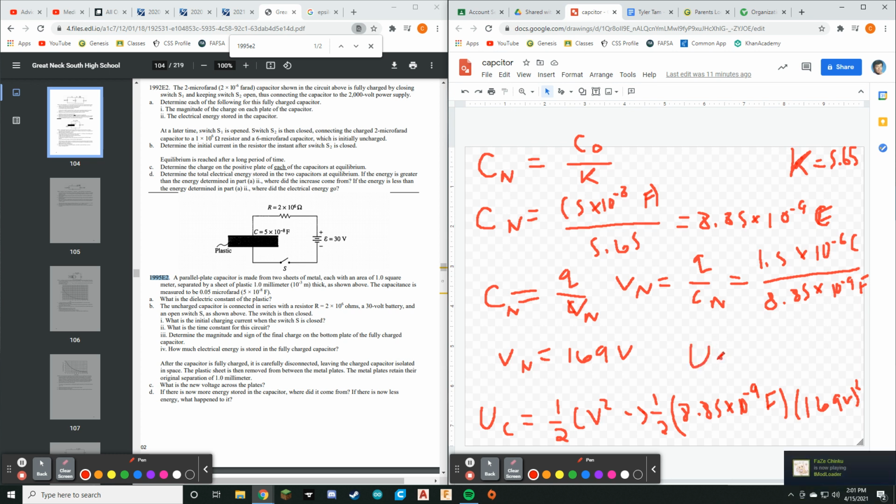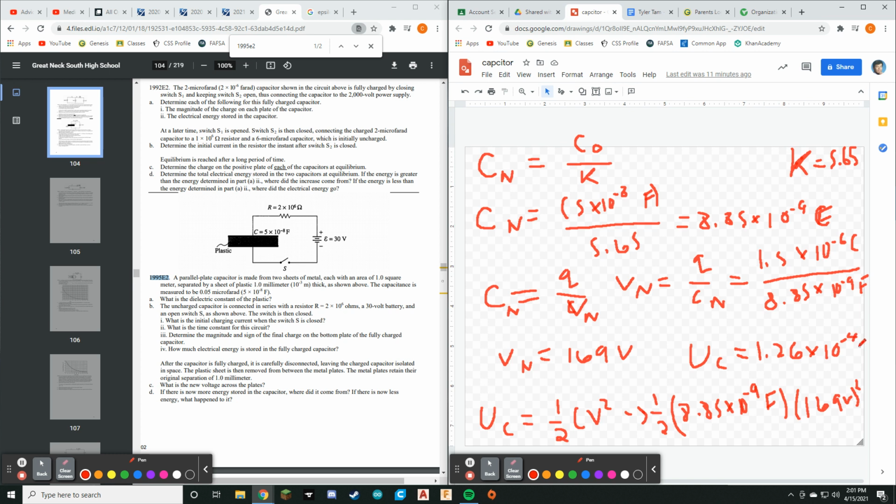And we'll get that our energy stored in the capacitor now is going to be 1.26 times 10 to the negative 4th.